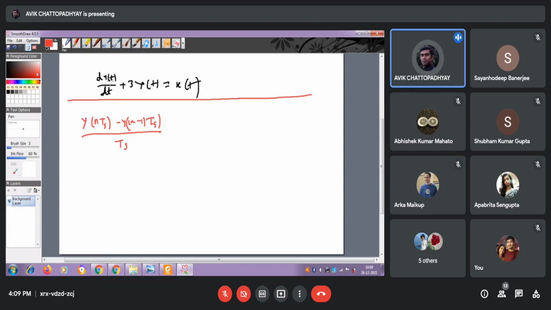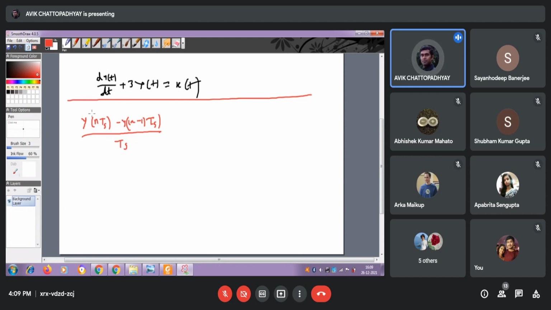So basically when we are discretizing it, the numerator is the difference between two consecutive or successive samples, that is the nth minus the (n-1)th, divided by Ts. Ts is basically the intermediate step in the time domain, or the time step people call it, or simply the sampling period. So this is Ts.